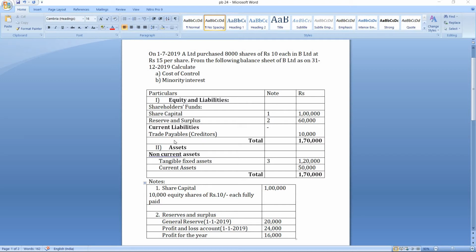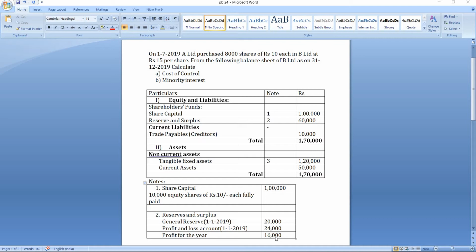So let us have a look at the balance sheet. Under shareholders' funds, share capital is 10,000 equity shares of rupees 10 each fully paid, that is 1 lakh. So 1 lakh is the share capital of B Limited. Reserves and surplus: general reserve as on 1st January 2019 is 20,000, and profit and loss account as on 1st January 2019 is 24,000.